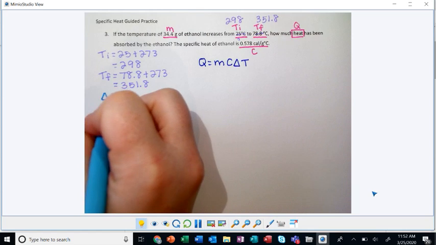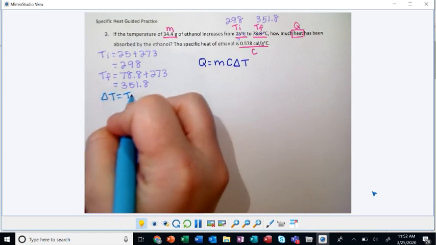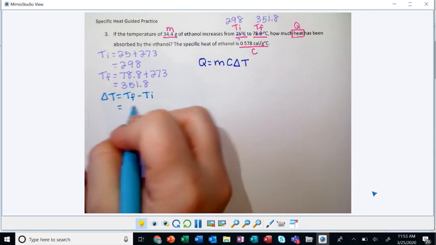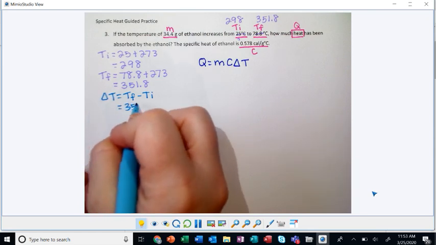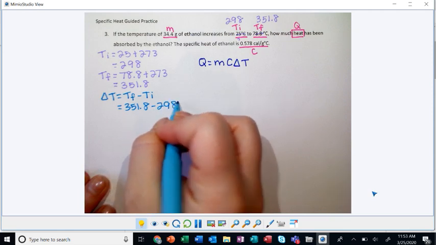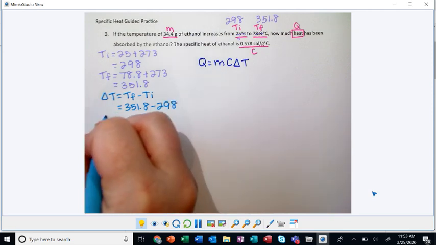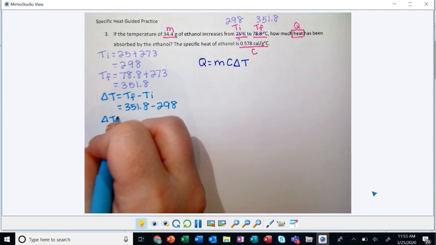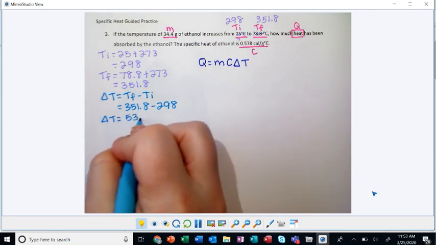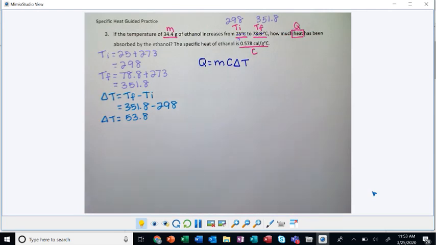So the change in temperature is equal to the final temperature minus the initial temperature. So we get 351.8 minus 298. So our delta T is equal to 53.8. All right.